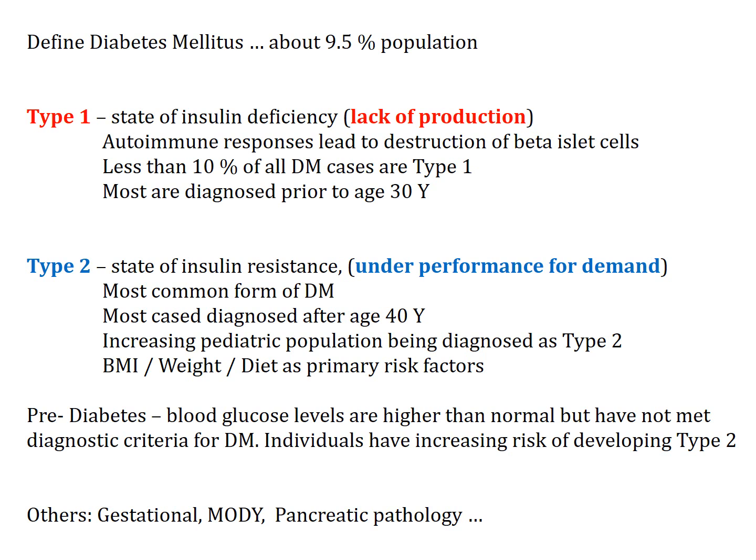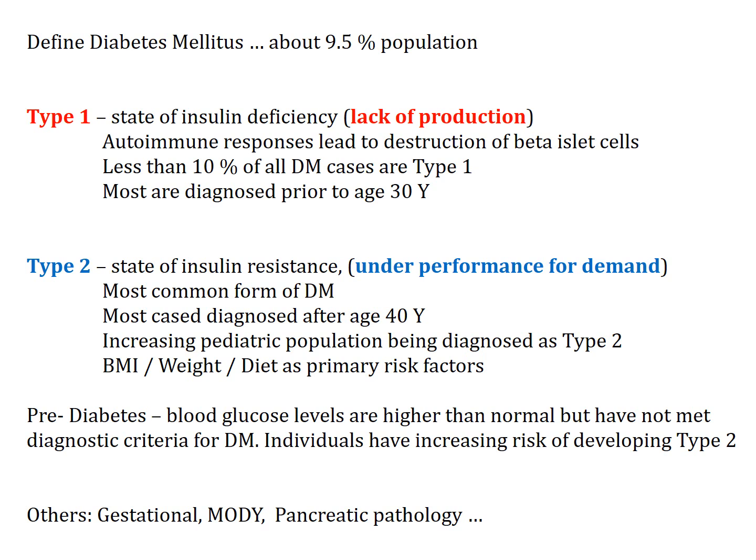This is the most common form of diabetes mellitus, diagnosed after the age of 40. We are, however, seeing an increasing pediatric population being diagnosed with type 2 diabetes mellitus. Your body mass index, your weight, and your diet are the primary risk factors for developing type 2 diabetes.